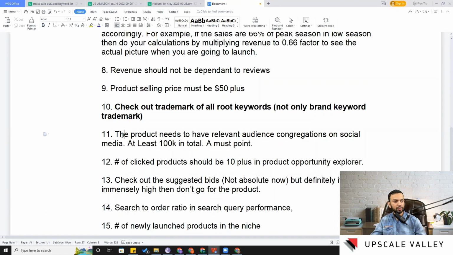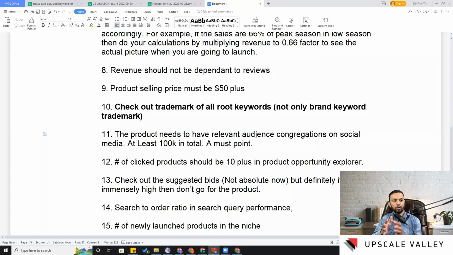The product needs to have a relevant audience congregation point. Congregation point means, in simple words, a group. There should be a Facebook group, or an Instagram hashtag, or a Reddit community, or a YouTube channel, or a good demand or discussion point on Quora, or maybe a good hashtag number on TikTok.